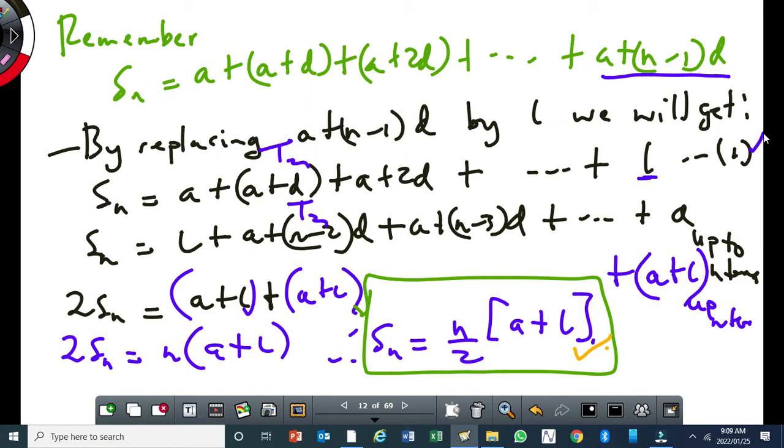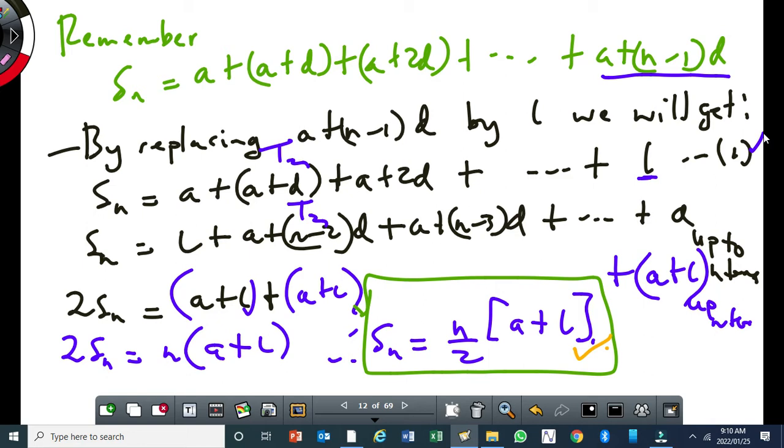So if we rewrite it, starting with the last term, we end up having Sn equal to L plus. Now remember, the second term after the last term is still going to be a plus n minus 2 times d. Okay? And the third term, a plus n minus 3 times d plus up to a.